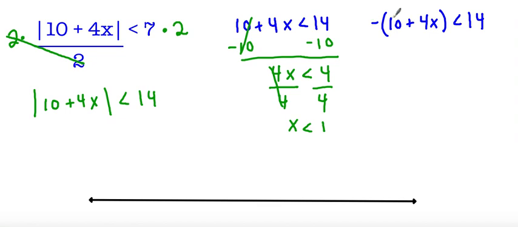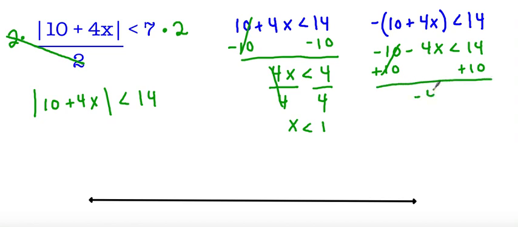Here, we could either distribute the negative or divide by negative 1. So if we do distribute the negative, we have negative 10 minus 4x is less than 14. So we could add 10 on both sides.